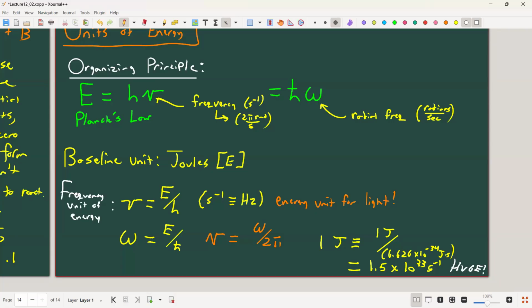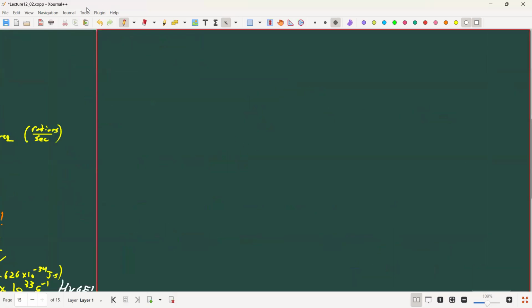What are some units in spectroscopy that look like 1 joule, right? Things that are on the order of about a unit. Obviously, per second is not going to be very useful, at least in this context. But we have another option.